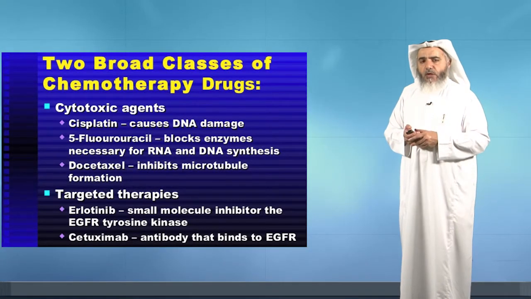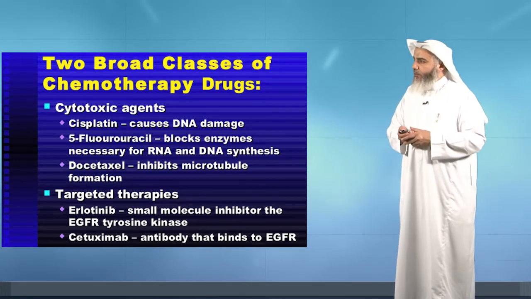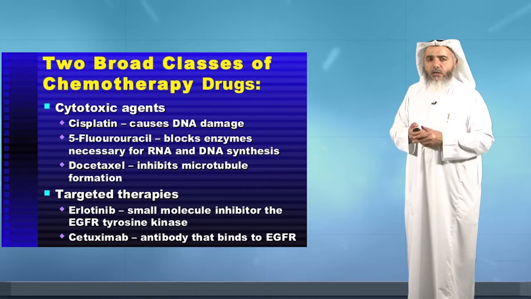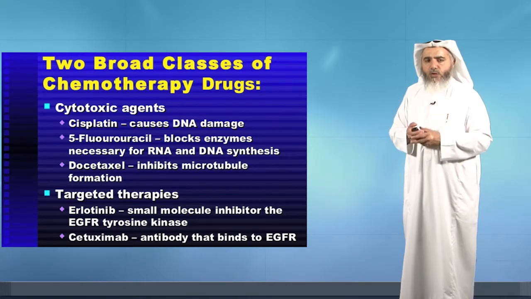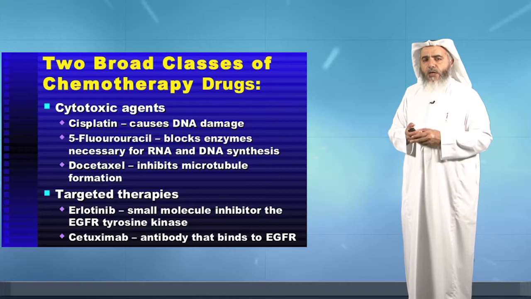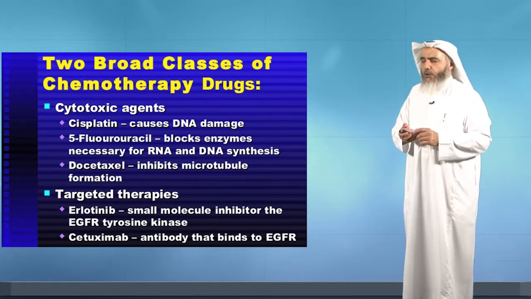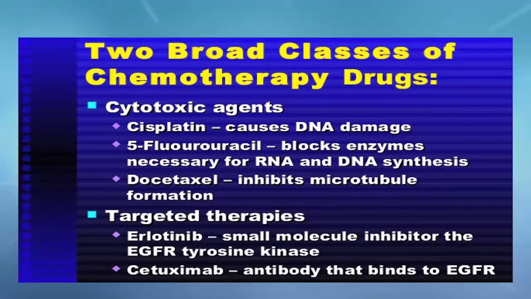There are different families of chemotherapeutic agents, and there is a broad spectrum of them, more than 100, as we said before, and each one of them belongs to a group of chemotherapeutic drugs. We have examples like cisplatin, which works on DNA and causes DNA damage, and it is a non-classical alkylating agent. 5-fluorouracil blocks enzymes that are important for RNA and DNA synthesis.